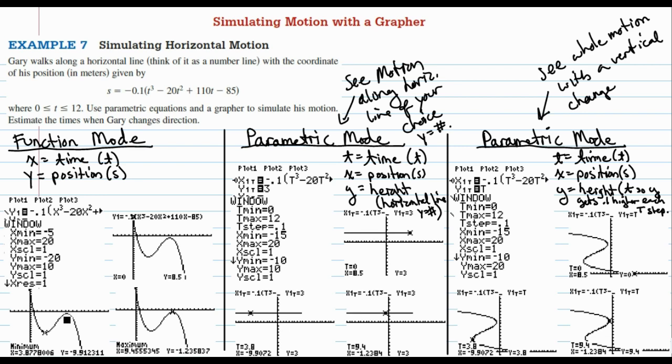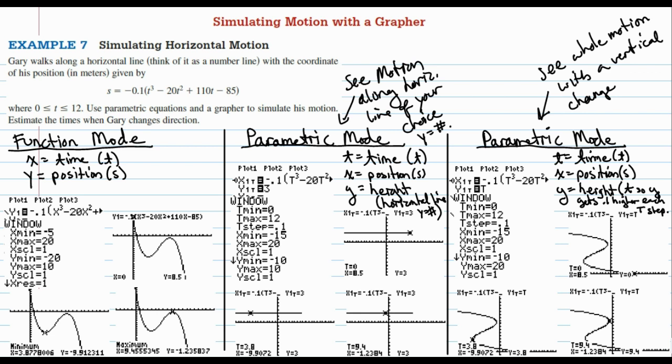So he's walking in a positive direction, hits a maximum here at 9.5 seconds, and then has a position of negative 1.23, and then turns around and goes the other way. Also, you can see here that he started at time t equals 0. He started at 8.5, is it feet? Meters away.